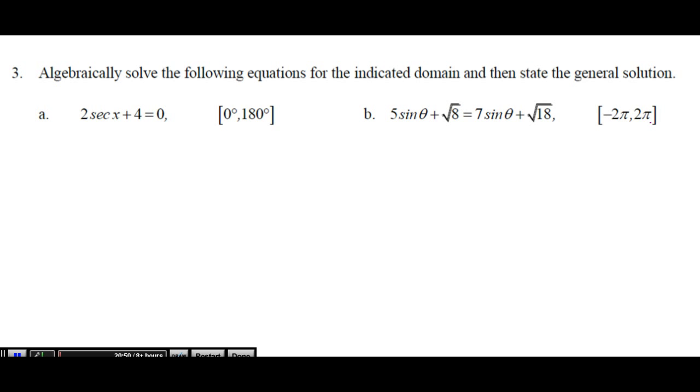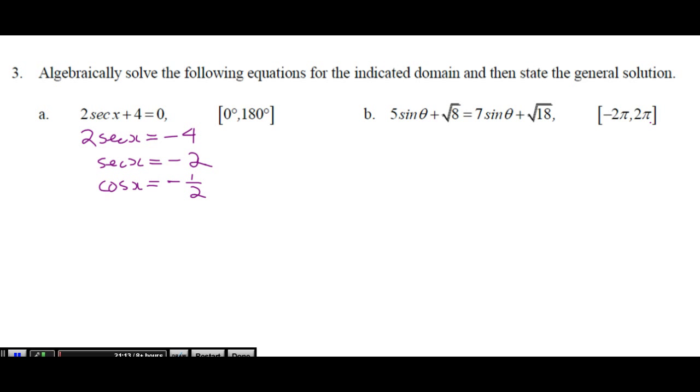All right. So 2 secant x is negative 4. Secant x is negative 2. So cos x is negative 1/2. Okay, we're going from 0 to 180, so where are we?